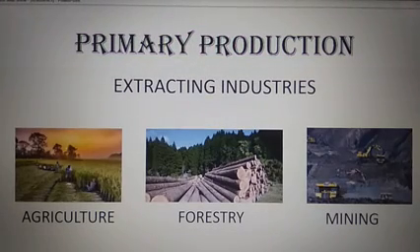Primary production is carried out by extractive industries like agriculture, forestry, fishing, mining and oil extraction. These industries are engaged in obtaining the gifts of nature from the earth's surface.